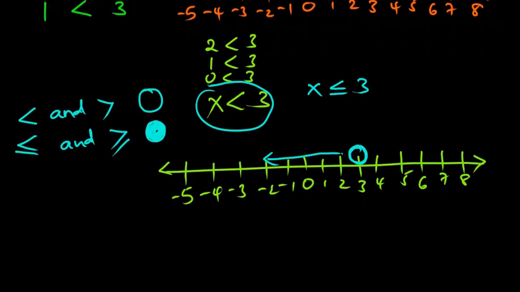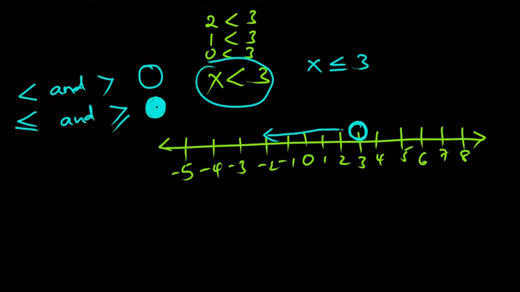Now let's try to represent y is greater than 3. So what does that mean? That y is representing all numbers apart from 3 that are greater than 3.